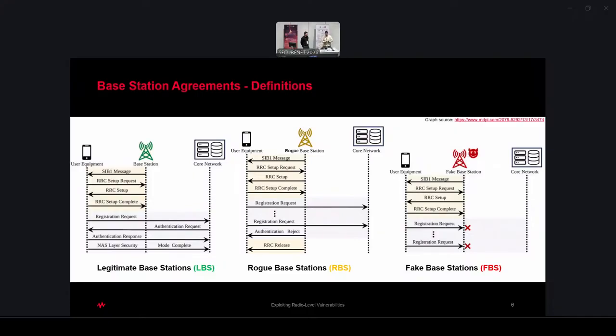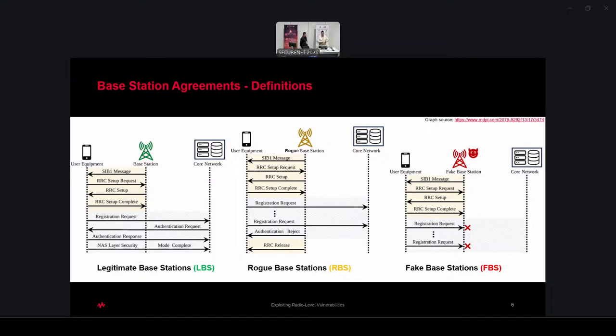Also, we want to differentiate three different kinds of base station. The legitimate one, represented in green, is the normal base station, operated by a normal operator, well configured, everything working fine. This is a normal scenario.